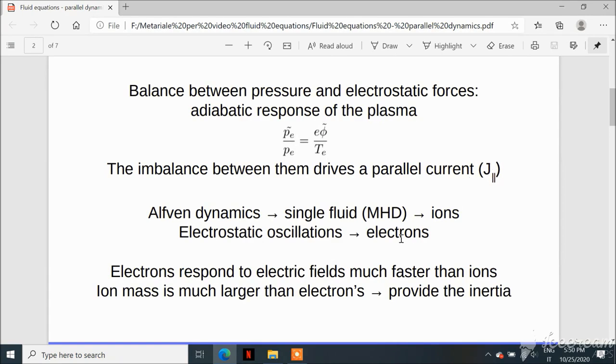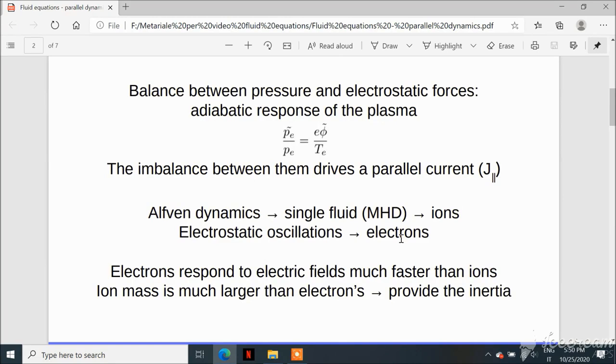Then I have to mention that typically Alfvén dynamics, which causes the Alfvén waves, which I've already explained, is typical of the single fluid approach, which is MHD, or magnetohydrodynamics. And here the inertia, which is basically opposing the force of the magnetic field, so the tension of the magnetic field, is provided by the ions.